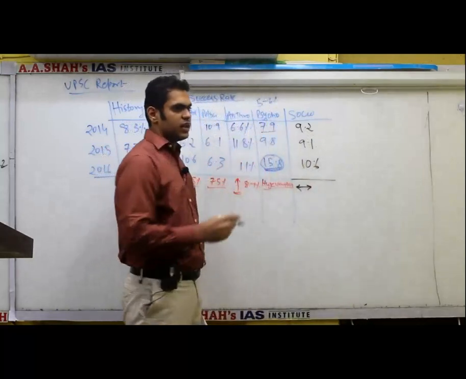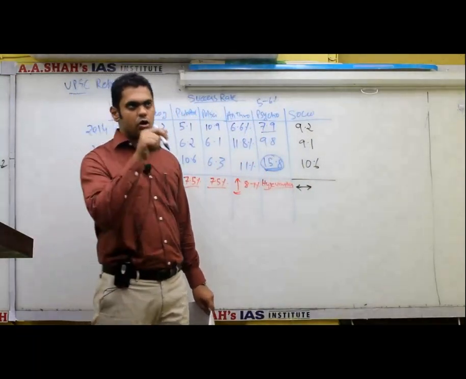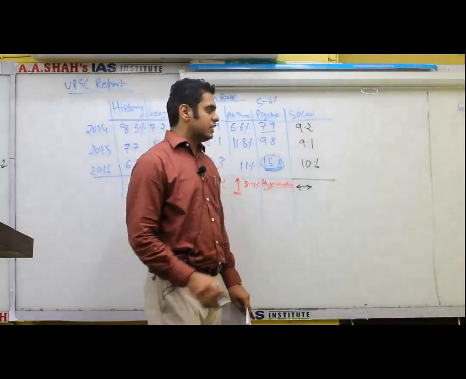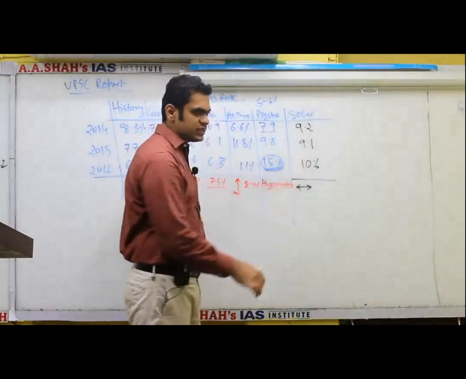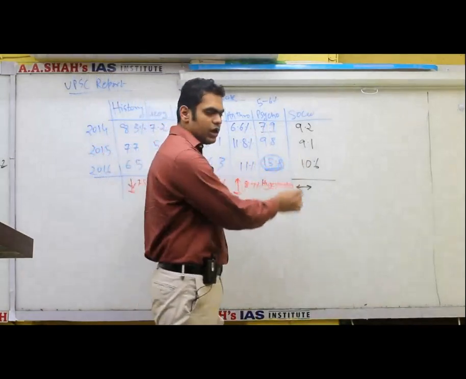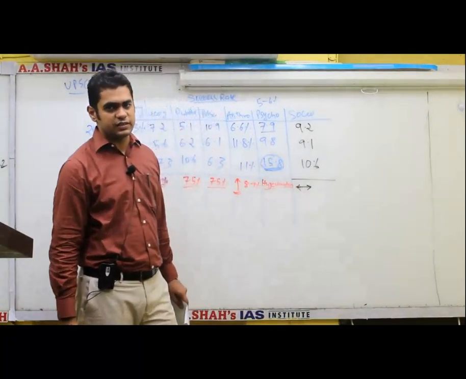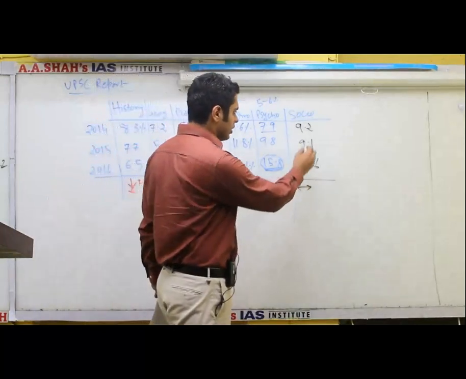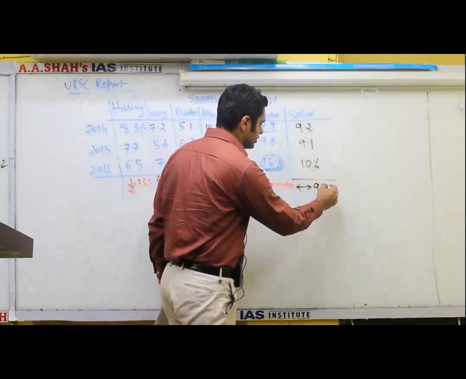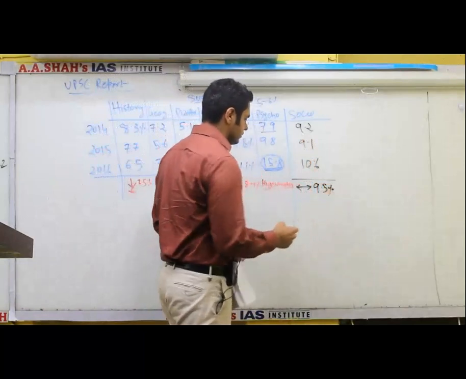There has neither been a tremendous uptrend nor a tremendous downtrend. The stability is maintained. If you further see in 2017, the rate is still around 10 to 11% for the 2017 exam. That's my guess about the optional. So ultimately the average you will get is around 9.5%.